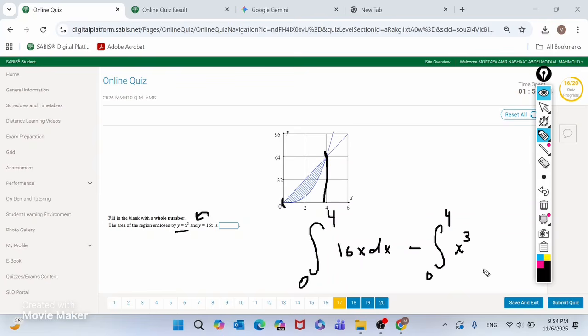Okay, now we put it on the calc. 0, 4, 16x dx minus the integral from 0 to 4 of x cubed. You get 64.